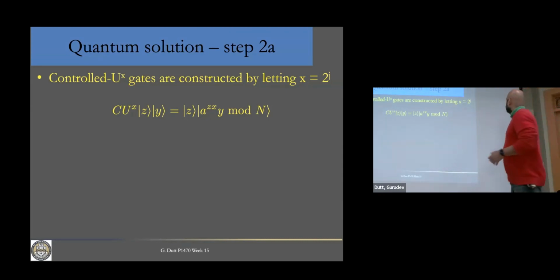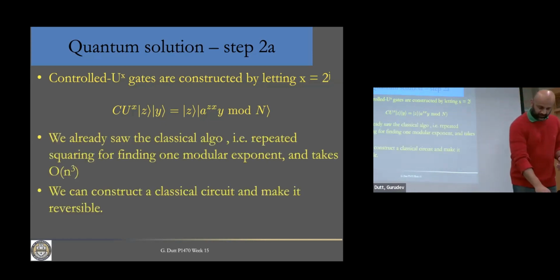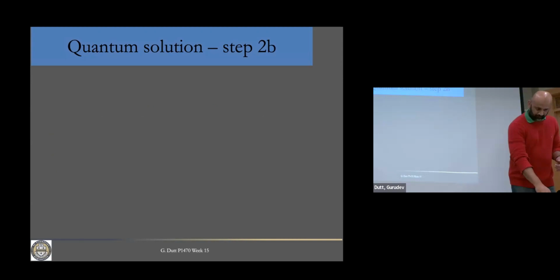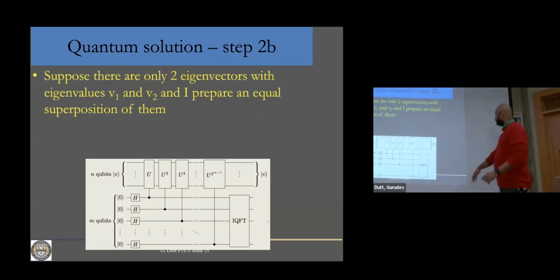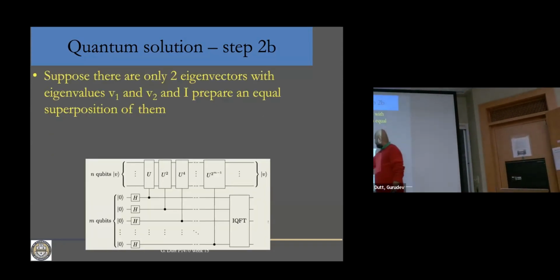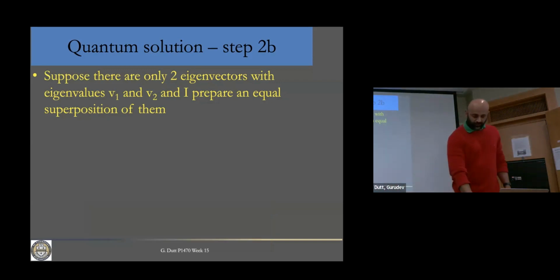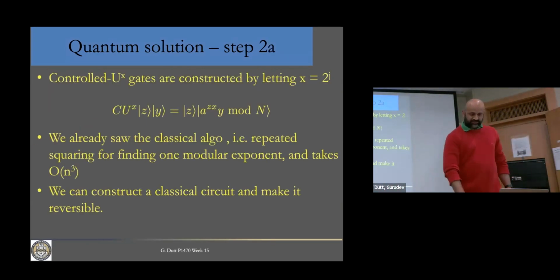Because in the phase estimation, let me just show you that circuit here. This is the circuit for phase estimation. It requires these control U squared, control U4, control U to the 2m minus 1 gates. That's what we're trying to do here in constructing these gates.